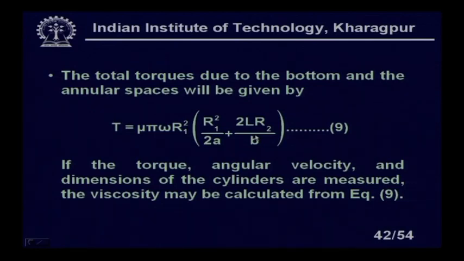Omega is known because the rotation we can measure by a tachometer, and we can measure the torque T by a torque cell. So obviously, the only unknown is mu, the viscosity of the liquid.